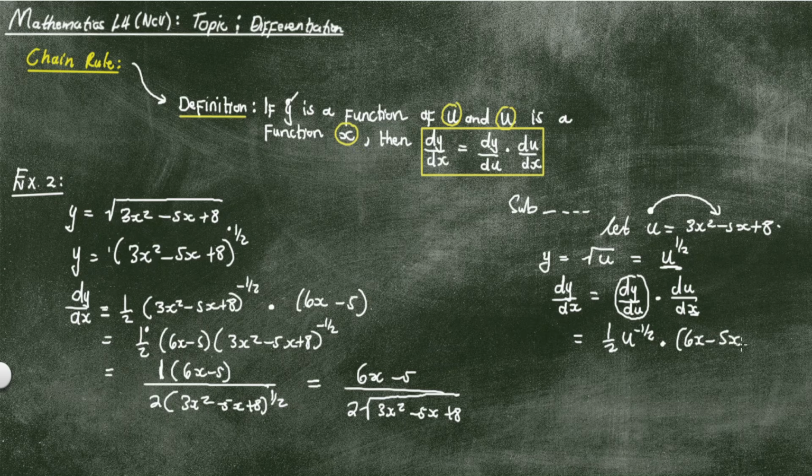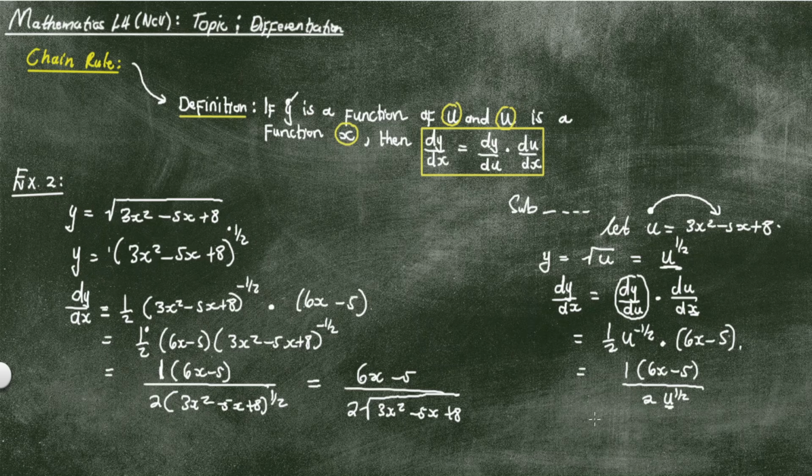So this is gonna be a 1, 6x minus 5 over 2u raised to positive a half.